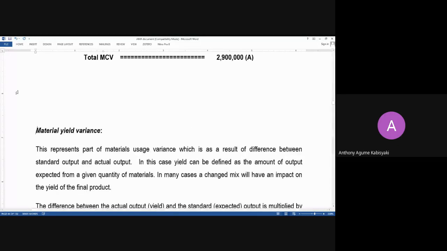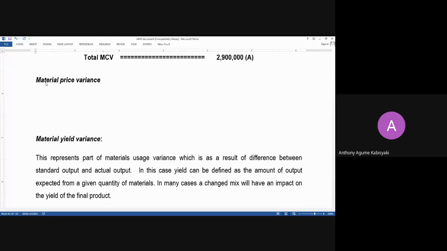So the next is material price variance, MPV. We say that to get MPV, what is the formula? Can you tell me the formula for MPV?